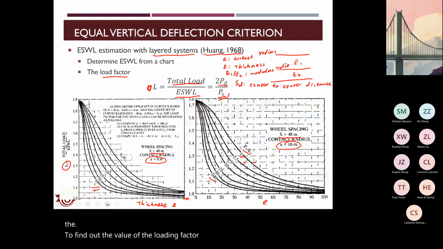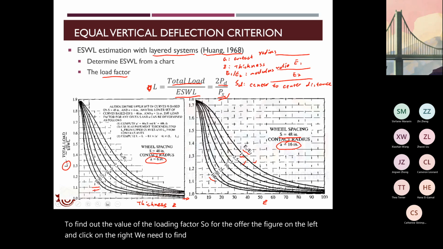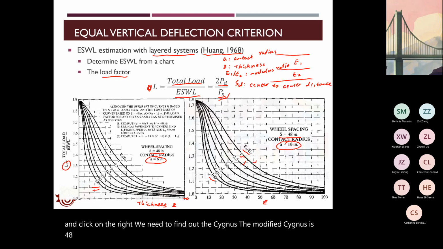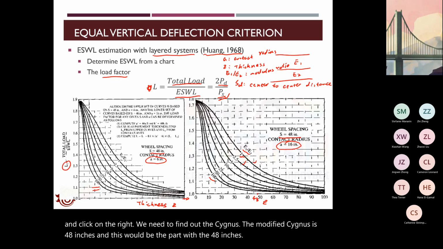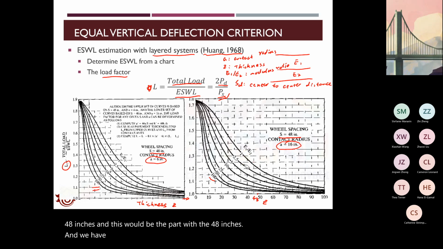So for the figure on the left and the figure on the right, we need to find out the modified thickness, which is 48 inches, and this would be the part with the 48 inches. And we have to choose the line with E1 over E2 equal to 1. So that would be the value.